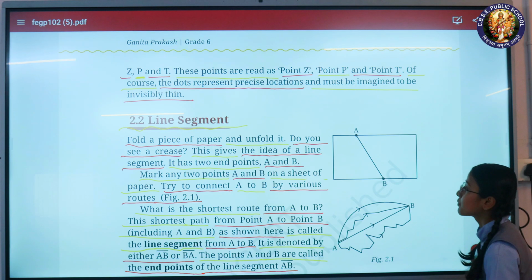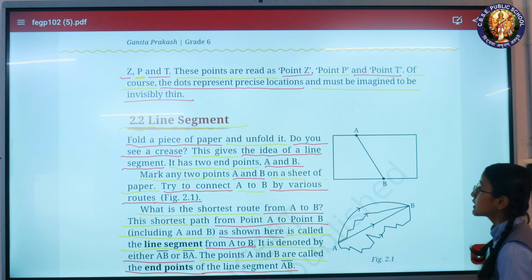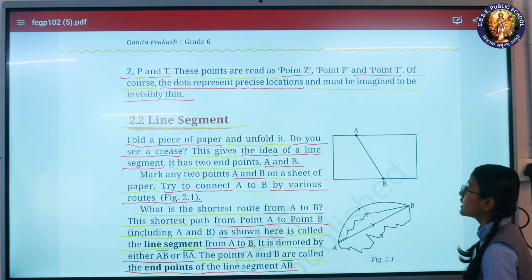2.2 Line segment. Fold a piece of paper and unfold it. Do you see a crease? This gives the idea of a line segment.